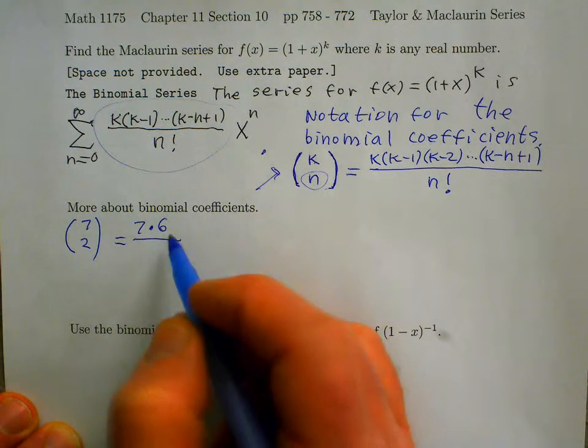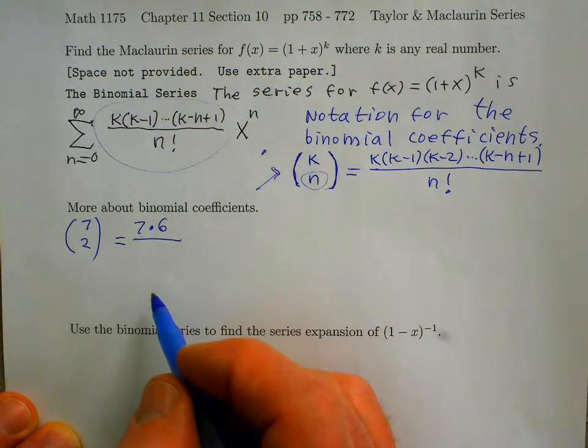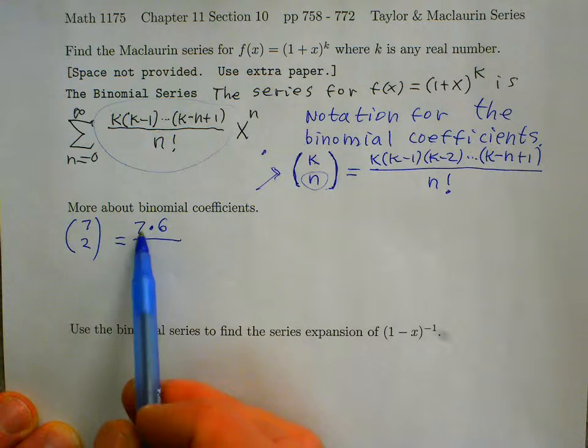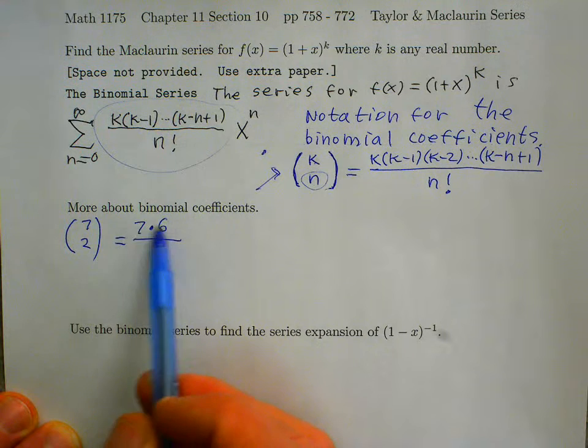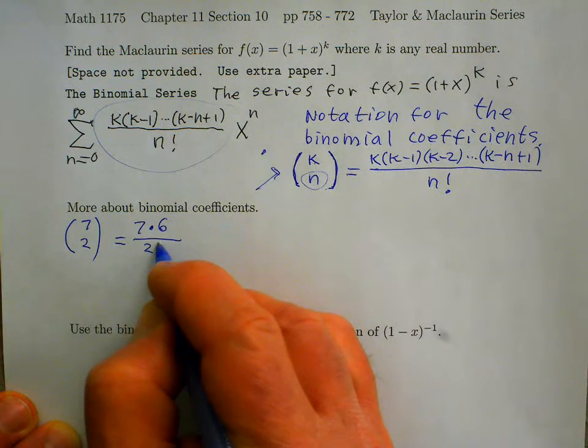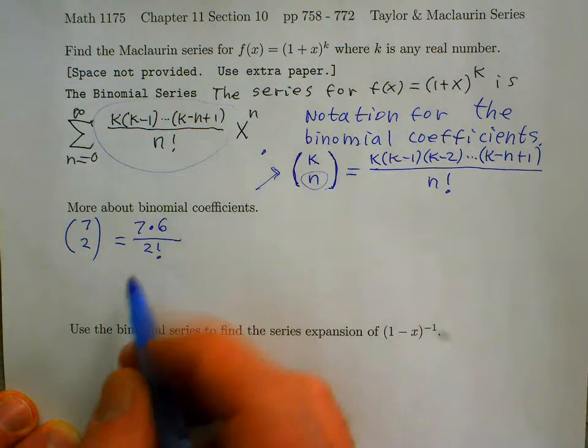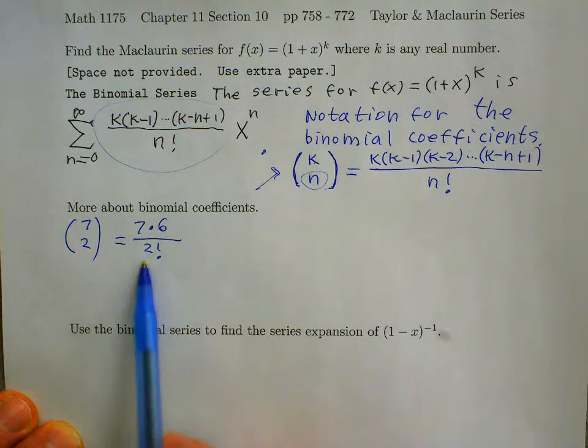How do I know when to stop? Well, the lower number, 2, determines how many factors I have. So 7 times 6, I stop. And then the denominator is 2 factorial. See what I mean? And then, of course, this can be simplified, but this is how you would get started.